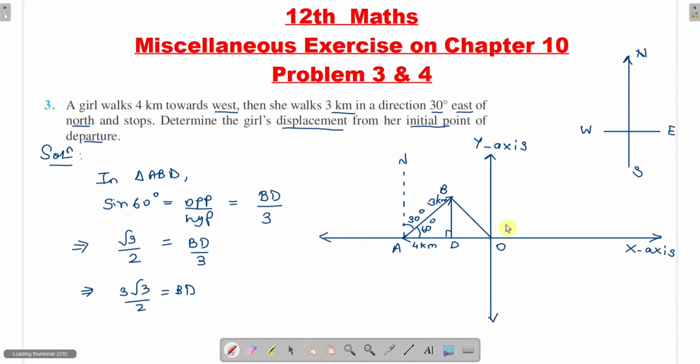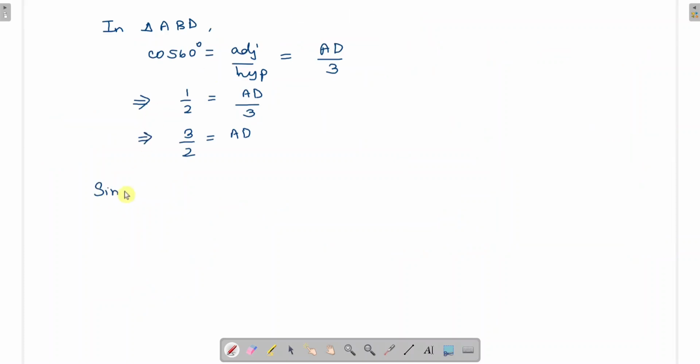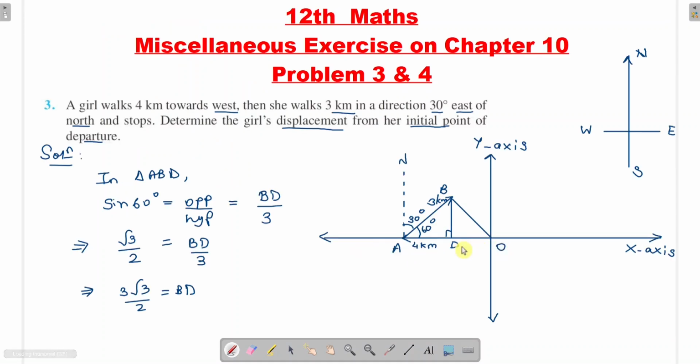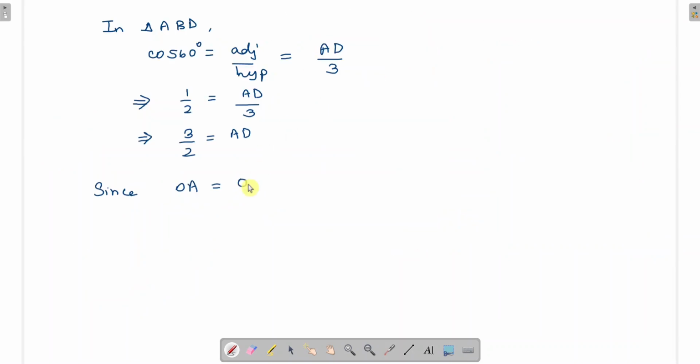Now what we can find is this OD. Since OA is equal to OD plus DA, also OD plus AD, and OA is 4, we have 4 equal to OD, which we have to find, plus AD, which is 3 by 2.